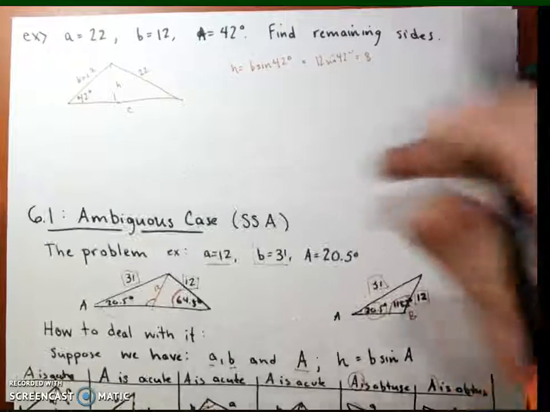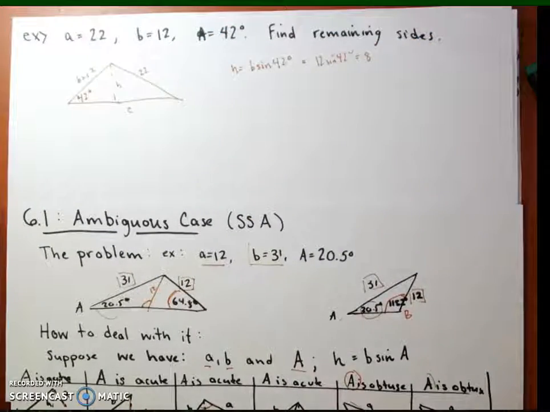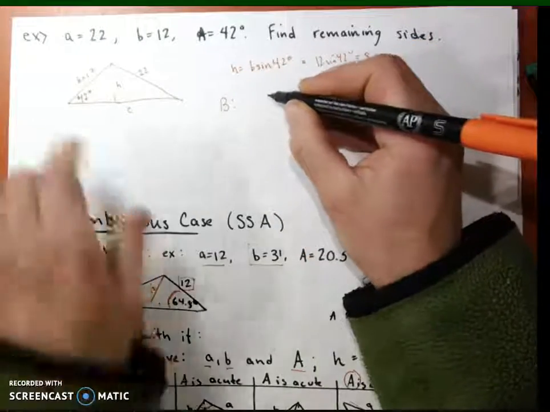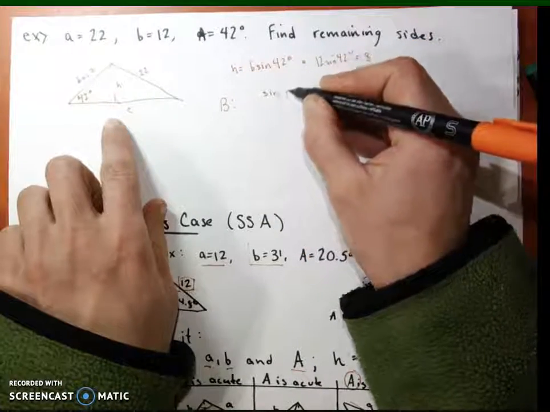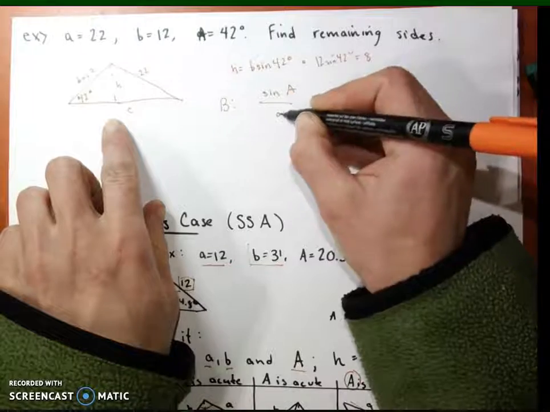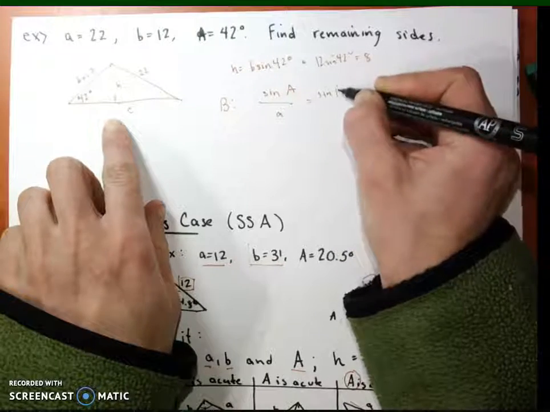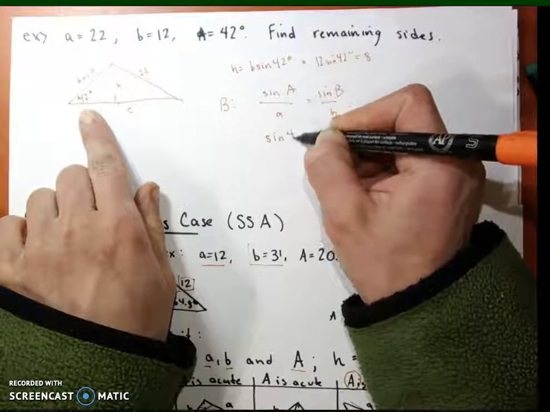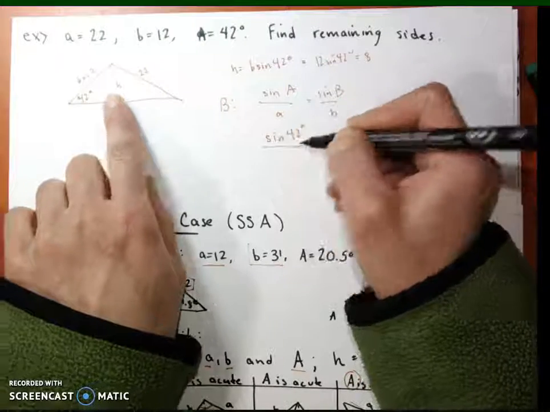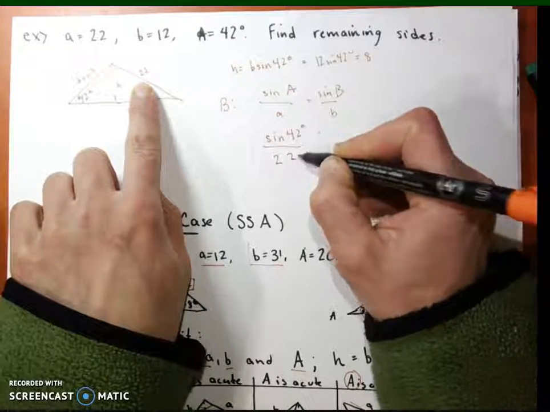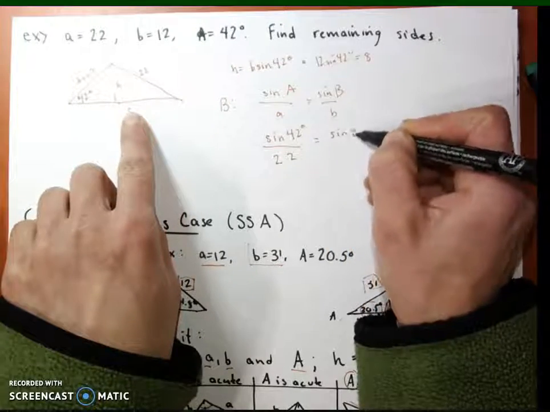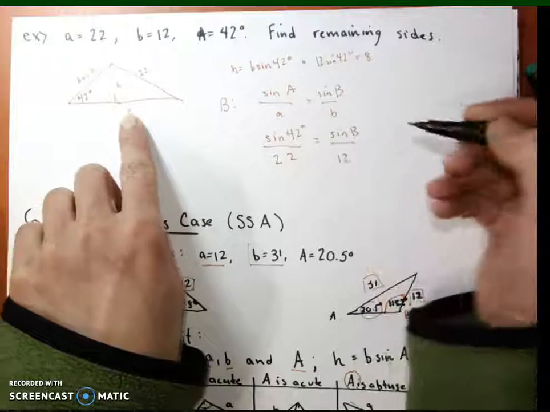So we can use the law of sines to, let's first find angle B. To find B, I'm going to do sine A over a equals sine B over b. Sine of A will be sine of 42 degrees, little a is 22, sine of B is what I'm looking for, and little b is 12.